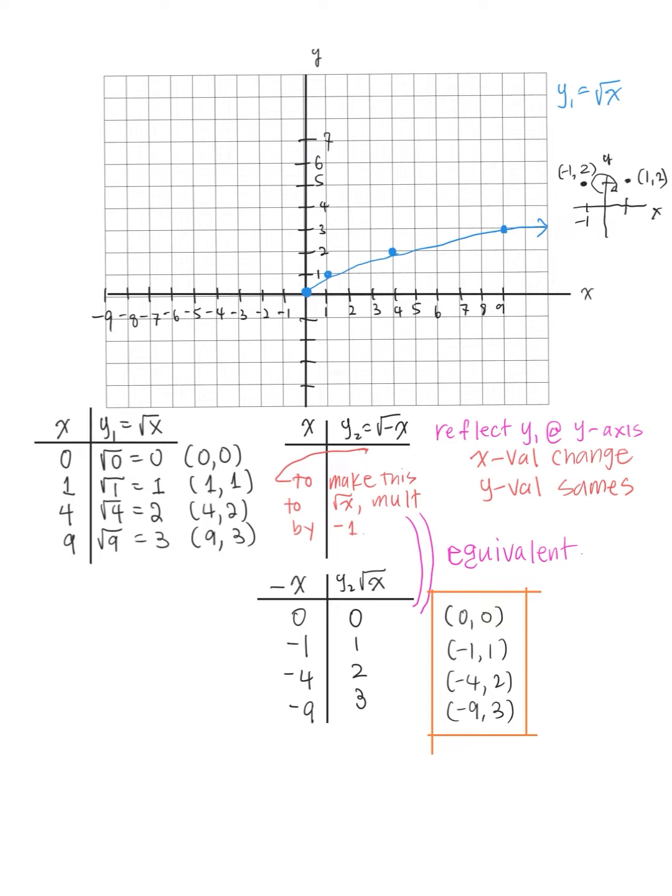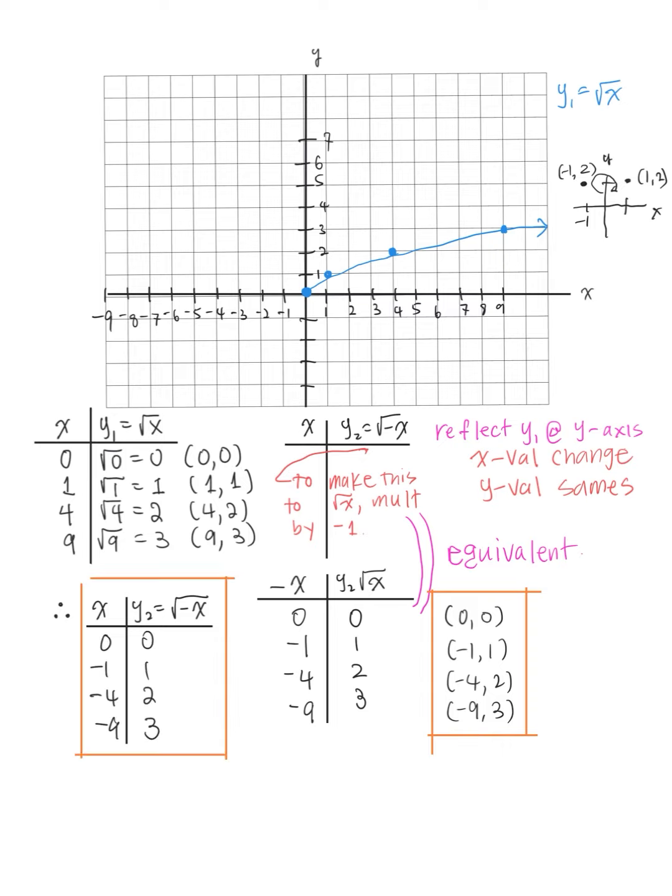So the chart that we just drew, let me just convert that into a regular format. So therefore, our x and y2 equals the square root of negative x chart officially becomes (0, 0), then (negative 1, 1), then (negative 4, 2), and then (negative 9, 3).